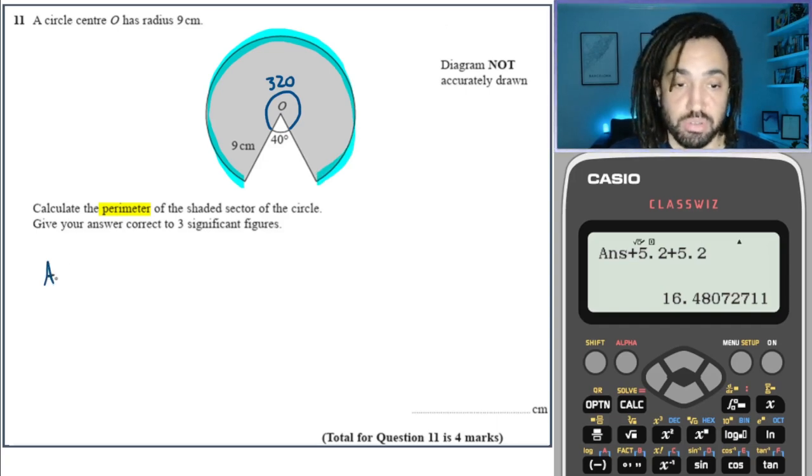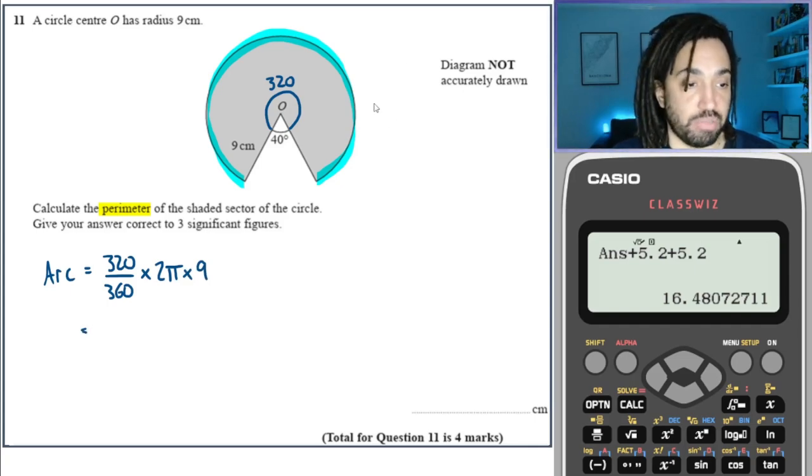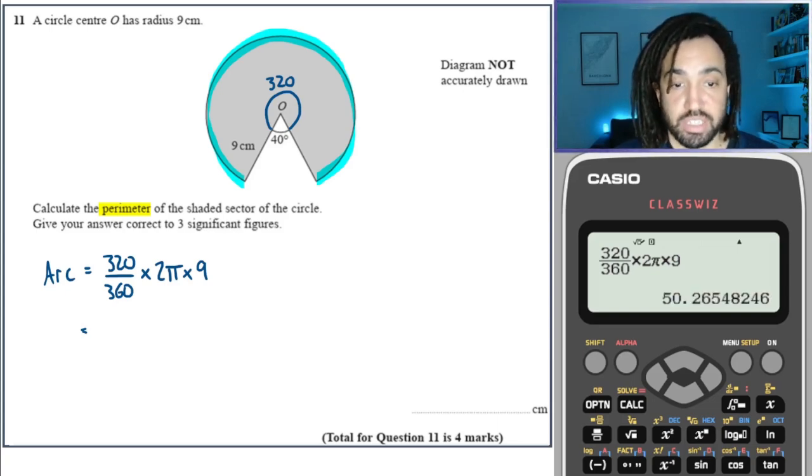as we've done before, the arc length is equal to the angle of that sector out of 360 multiplied by 2 pi times by the radius, which is 9. So I can get that answer from my calculator. And this gives me 16 pi. Perfect. So I'll just convert that into a decimal. 50.3.